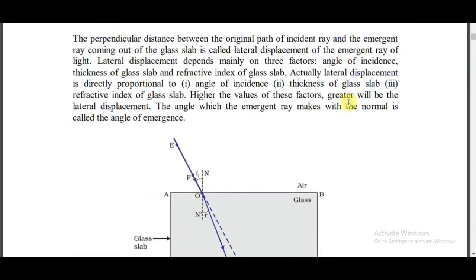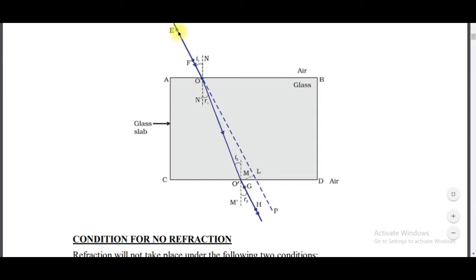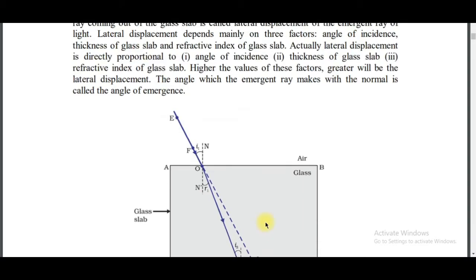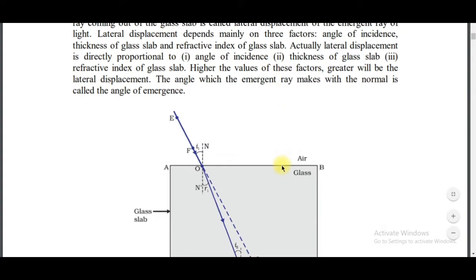If we look carefully, we can see that this emergent ray is parallel to this incident ray. The perpendicular distance between the original path of the incident ray and the emergent ray coming out of the slab is called lateral displacement.